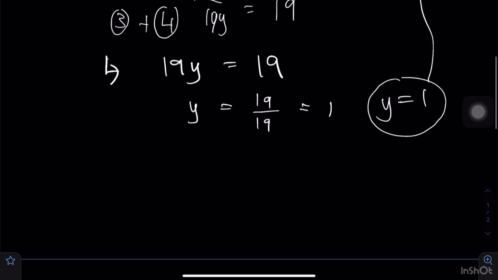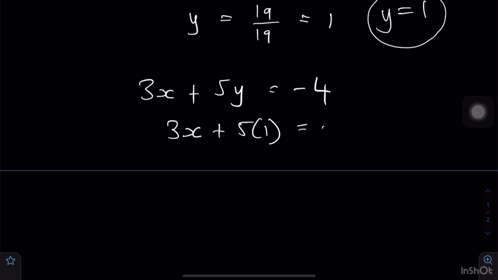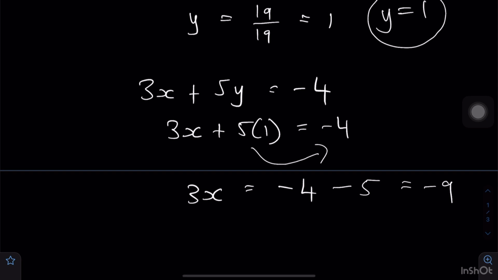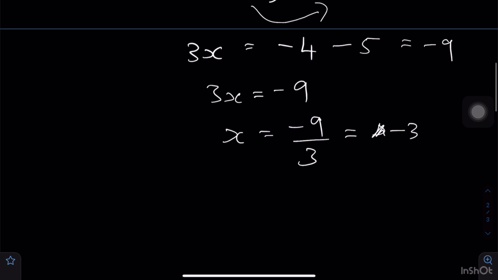So we have 3x plus 5y is equal to minus 4. y is equal to 1, so that's 3x plus 5 is equal to minus 4. 3x is equal to minus 4, because we have to bring it to that side, so we're minusing 5, which is equal to minus 9. 3x is equal to minus 9, and then x is equal to minus 9 over 3, so x is minus 3.